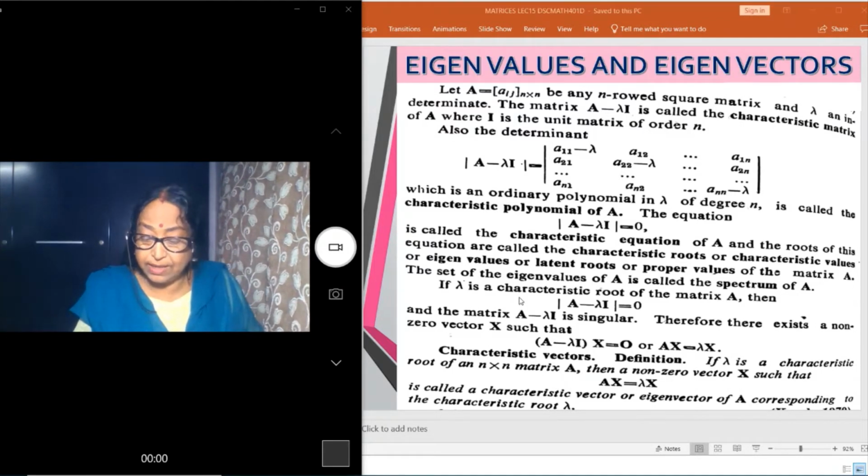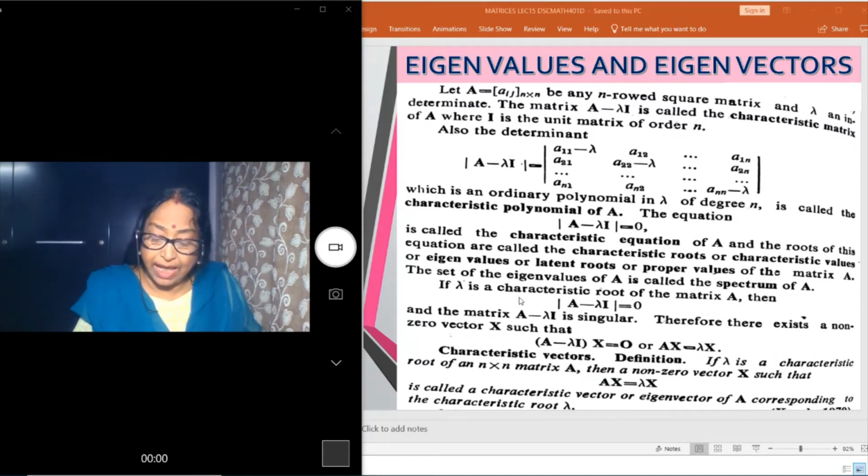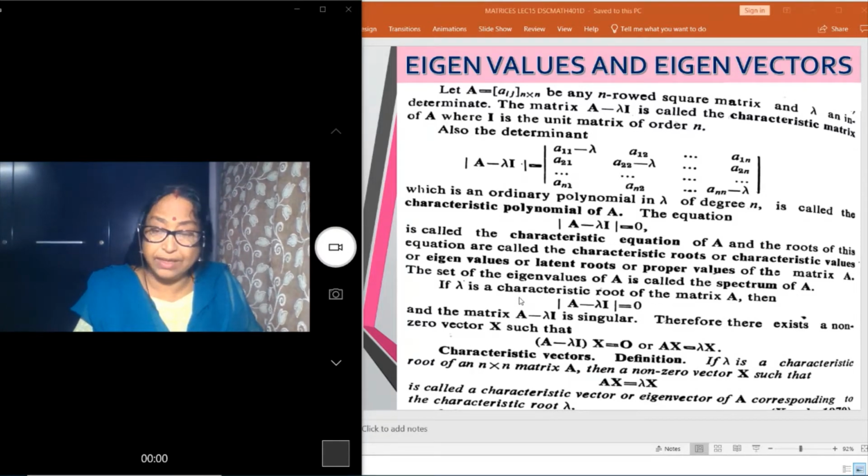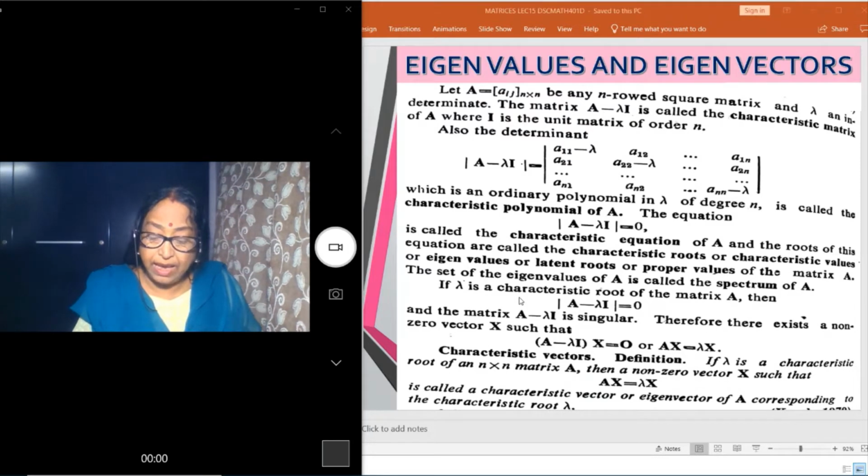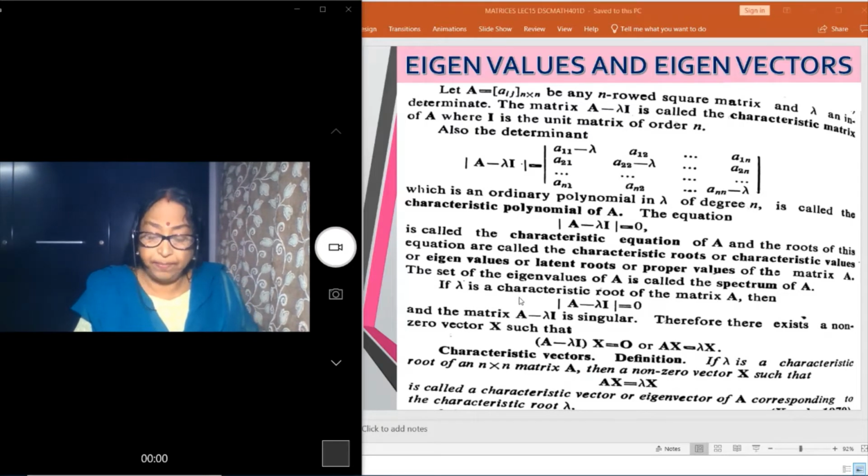If lambda is a characteristic root of the matrix A, then the determinant of A minus lambda I is equal to 0, and the matrix A minus lambda I is singular.